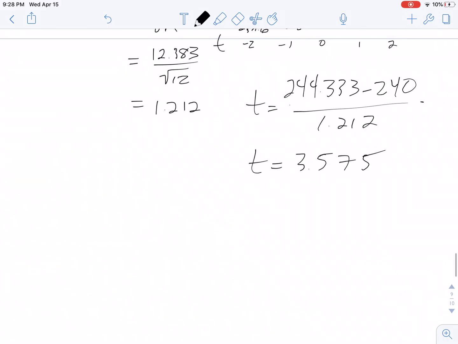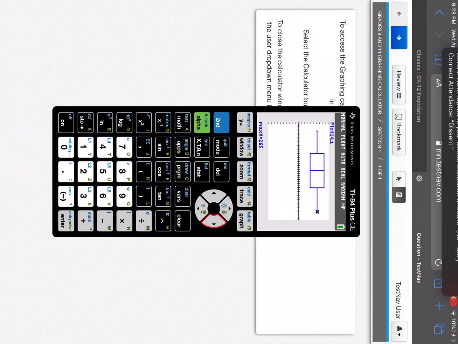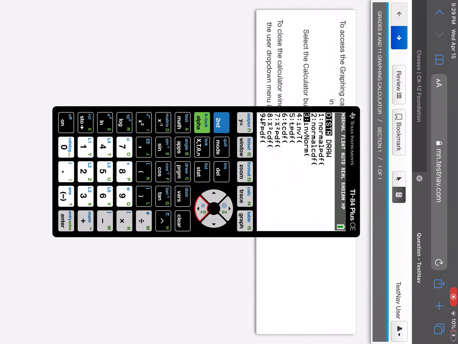Okay, last step I'm going to do is my p-value. So for my p-value, I want to use tcdf on the calculator. So I'm going to go second vars, tcdf, and sometimes it'll give you lower, upper. So my lower boundary is 3.575.